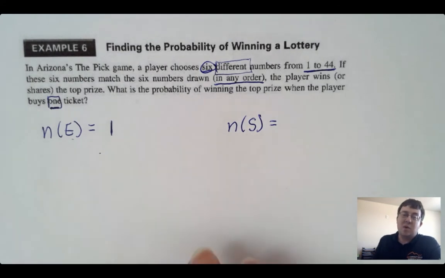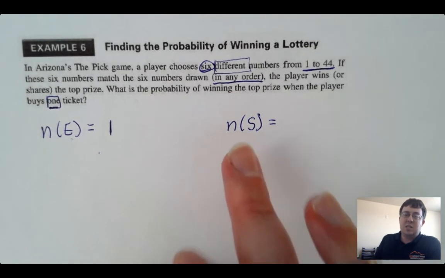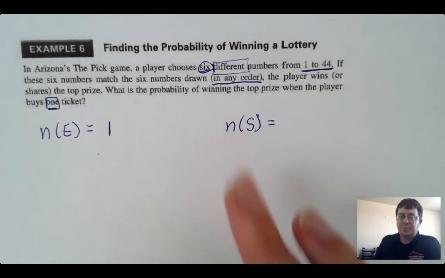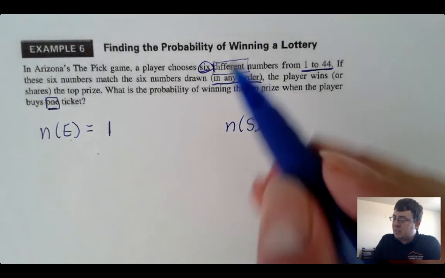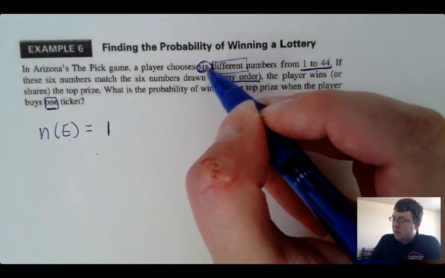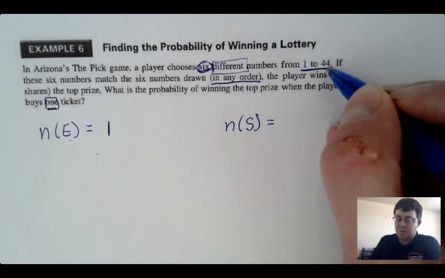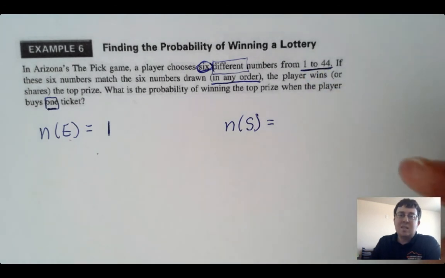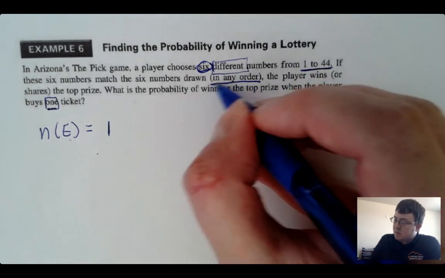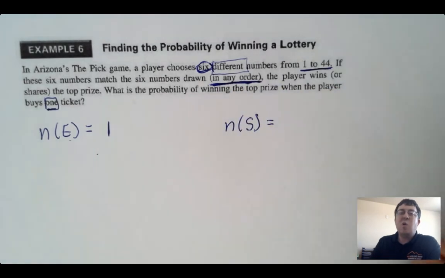So that's kind of boring. But the number of the sample space is interesting here. So I need to choose 6 numbers out of 1 through 44, which is 44 different numbers. But the order doesn't matter. This is key. Order not mattering means I'm going to be working with a combination and not a permutation.